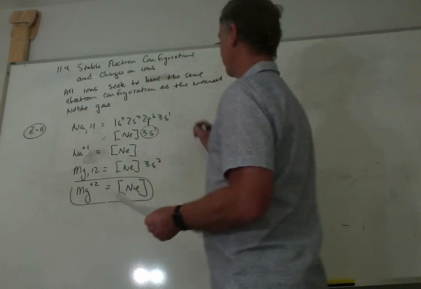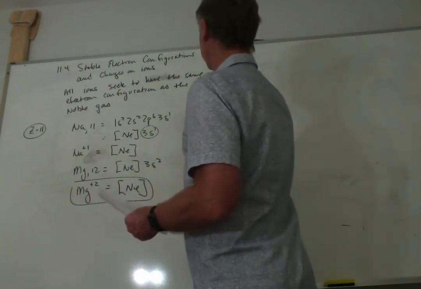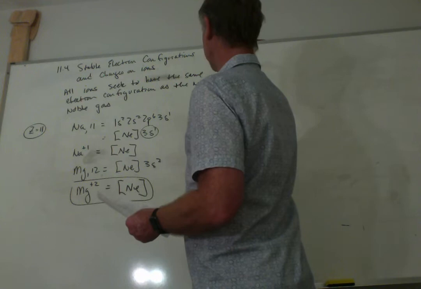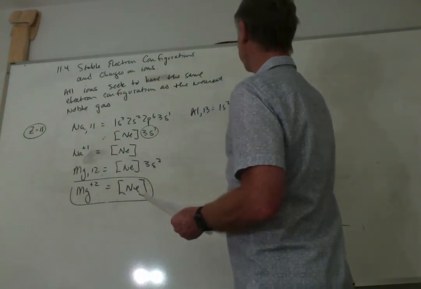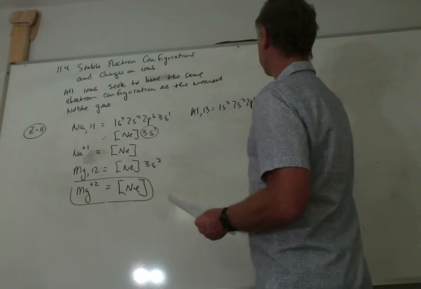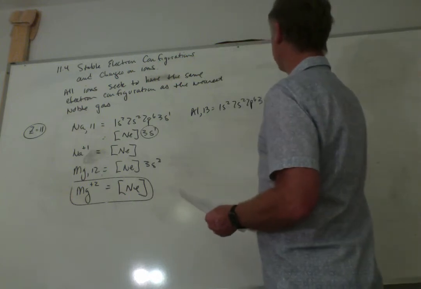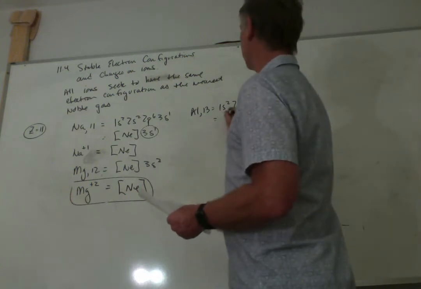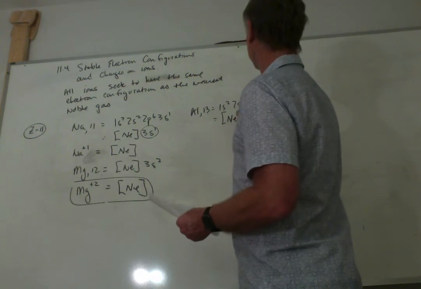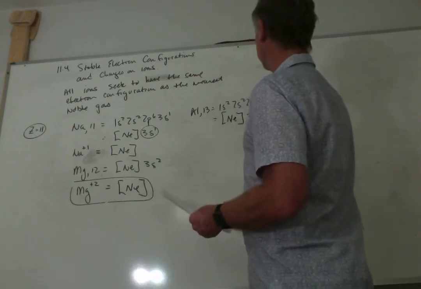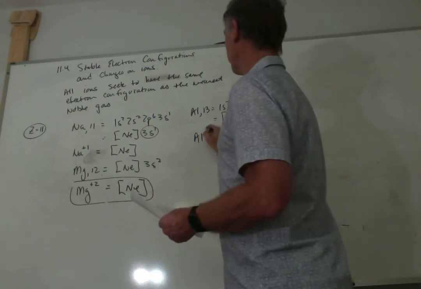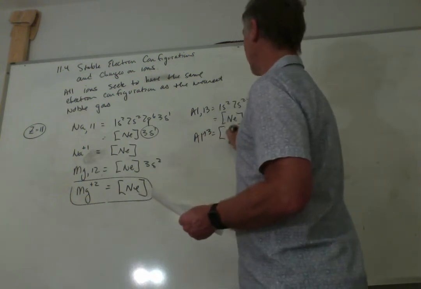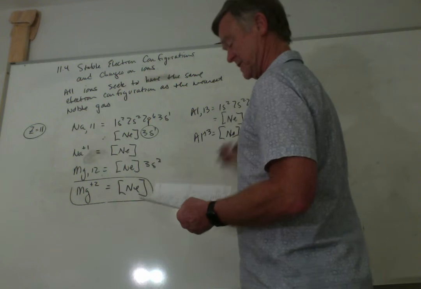If we went to aluminum, which is number 13, it's 1s2, 2s2, 2p6, 3s2, 3p1, or neon 3s2, 3p1. But it wants to lose all of those, and so aluminum will take a plus 3, and it has the exact same configuration as neon.